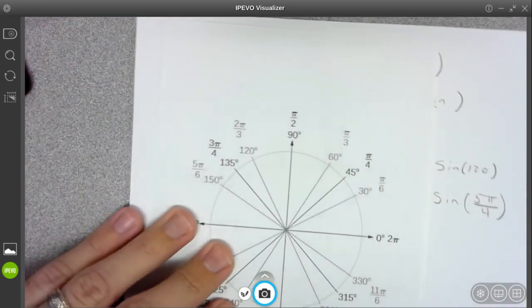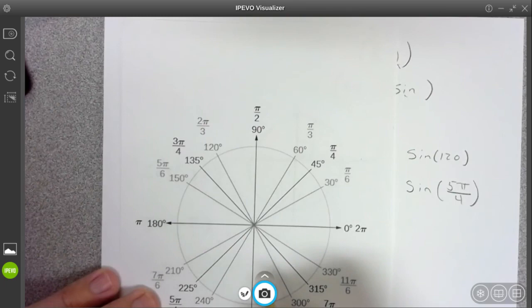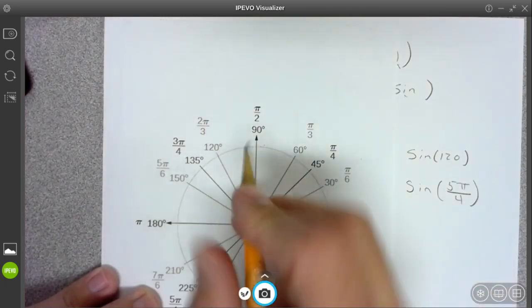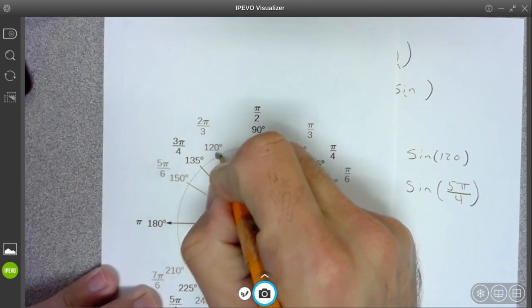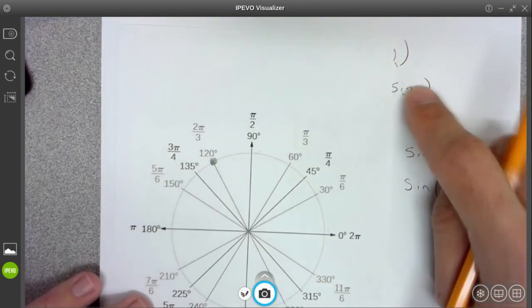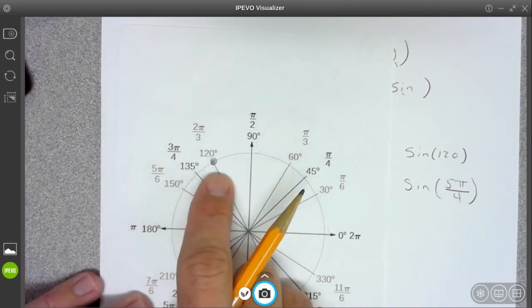I'm going to start with sine of 120 degrees. So 120: rotate 90 and then rotate 30 more. That's where you're at. Because sine is the y value, we just want to know the y value of that point. We want to know how high it is.